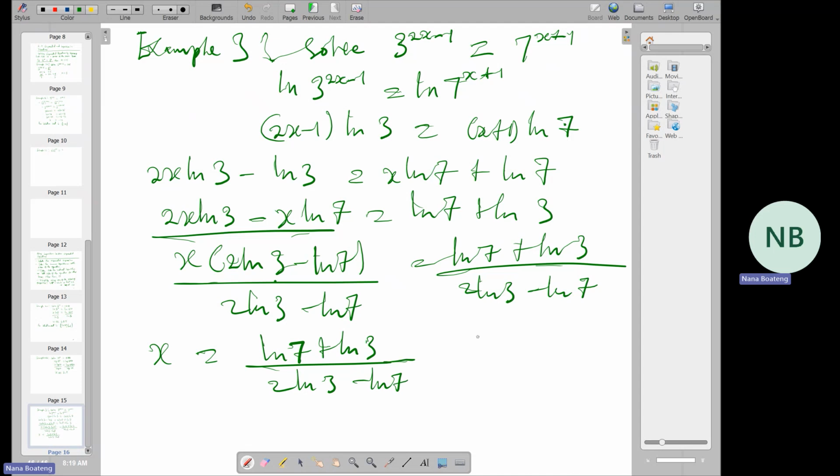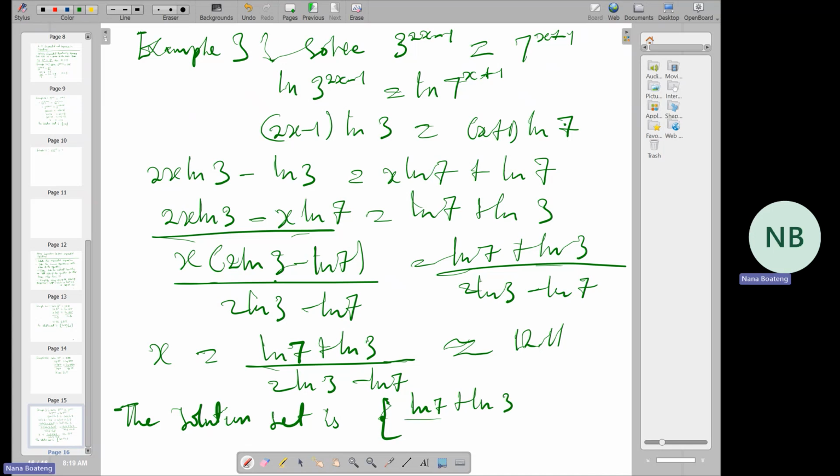And if we evaluate this on our calculator, we will get approximately 12.11. So the solution set is the exact, which is log of 7 plus log of 3 divided by 2 log of 3 minus log of 7.